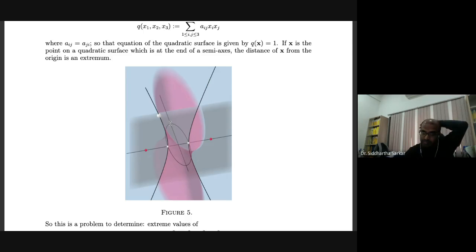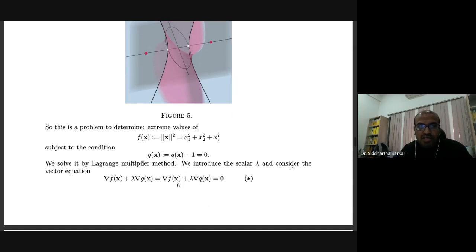So essentially I can convert the entire thing into an extremum value problem where the function is given by the distance from the origin. Therefore I am taking f(x) to be the norm of x. For calculation purposes, I can just take the square of it.